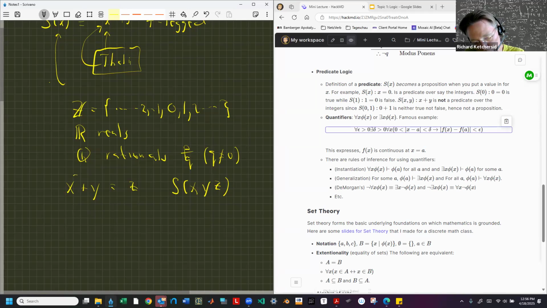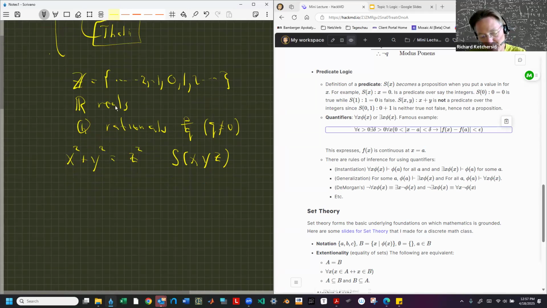Actually, maybe a more interesting example would be this: x squared plus y squared equals z squared. In this case, if we interpret this sentence over the reals, and we put in a value for z, instead of calling it z, I'll call it r squared.